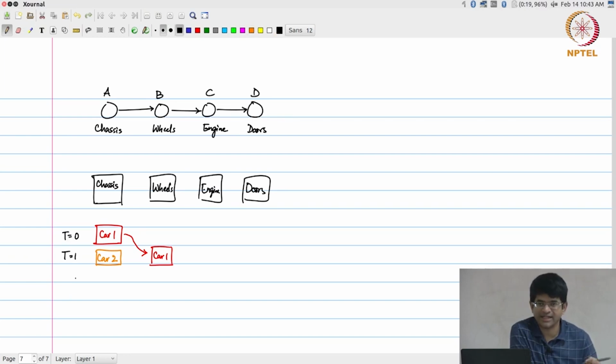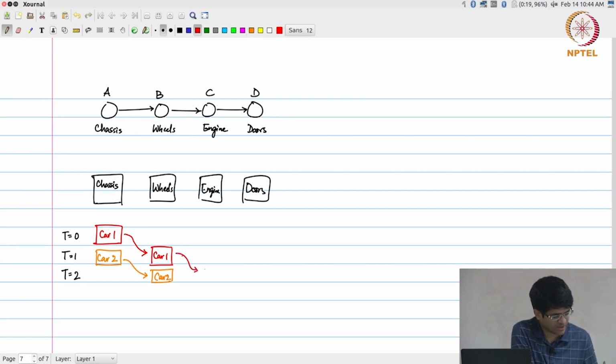Right. At the second time instant, t equal to 1, the chassis worker is now idle. Okay. Let him start working on the second car. Okay. At time 3 or t equal to 2, that car which was originally working on the chassis would now move to wheels.